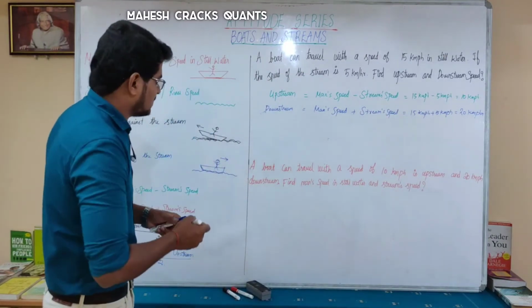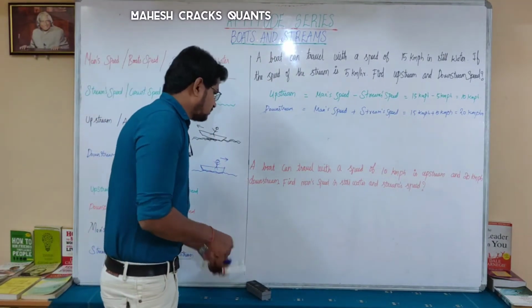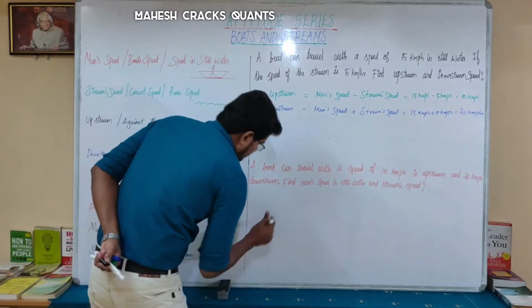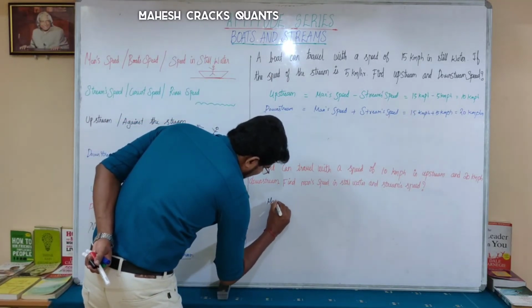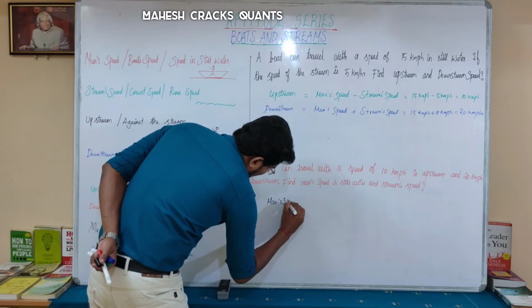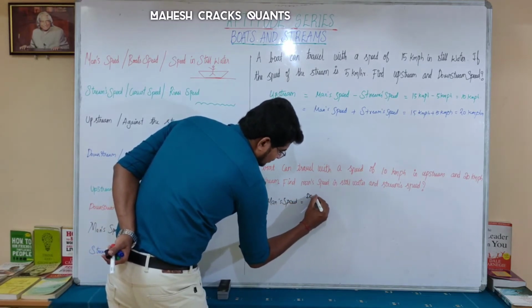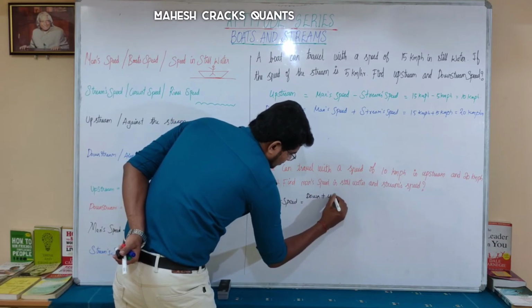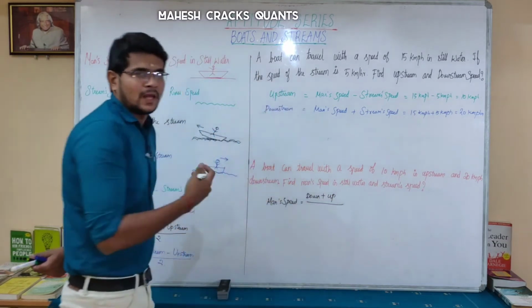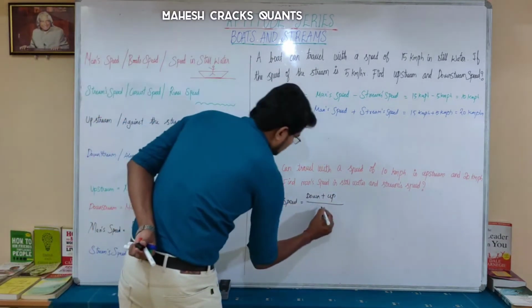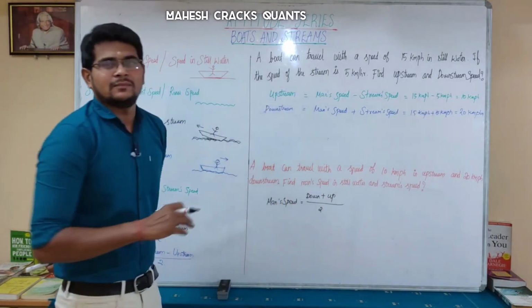We'll check. So first thing is you have to find man speed. What is man speed? So we know that man speed is nothing but downstream, I am just using down and up instead of downstream and upstream, so down plus up divided by 2.